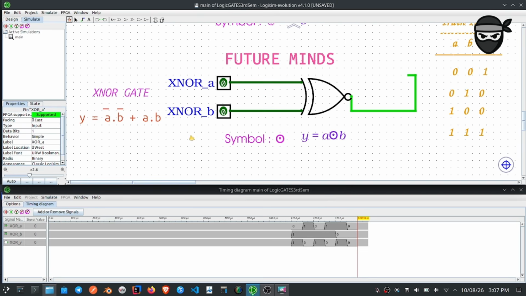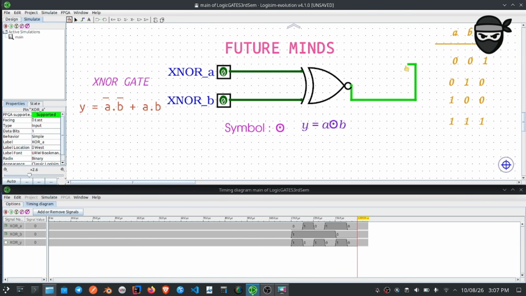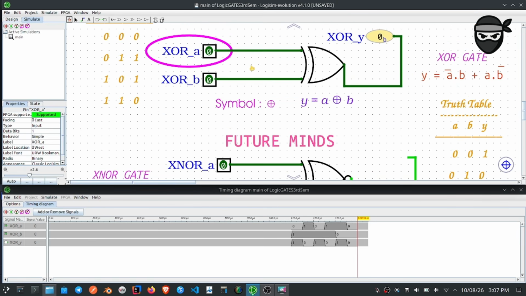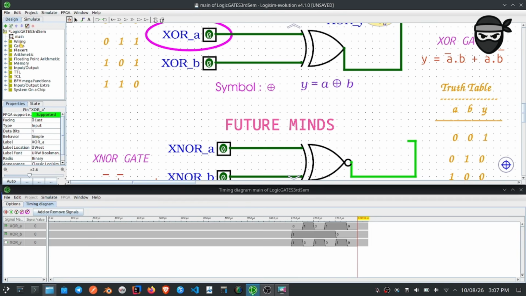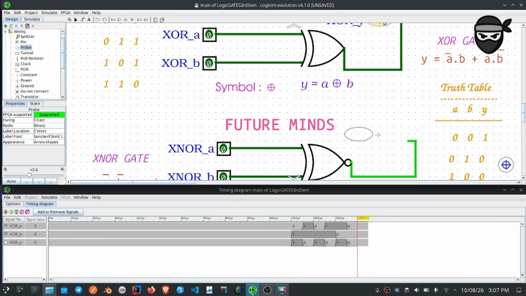Our last gate is the XNOR gate. Let's add a probe to it.